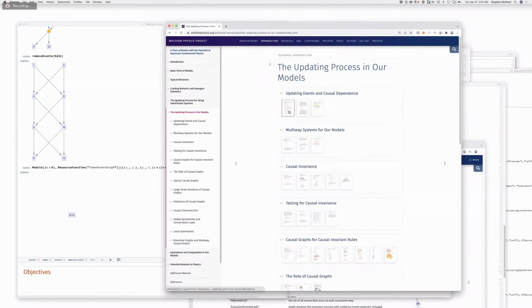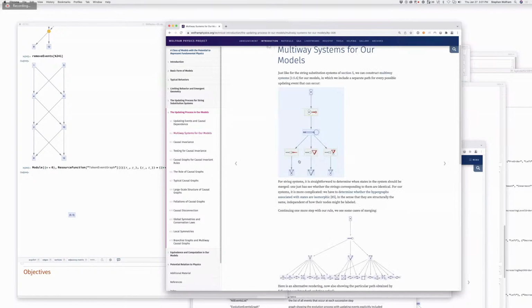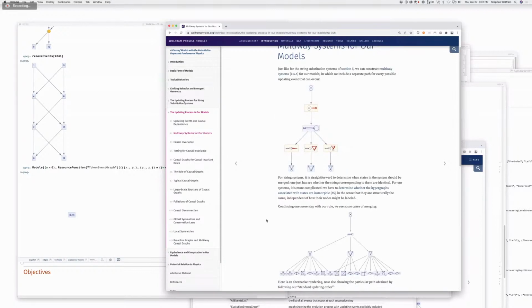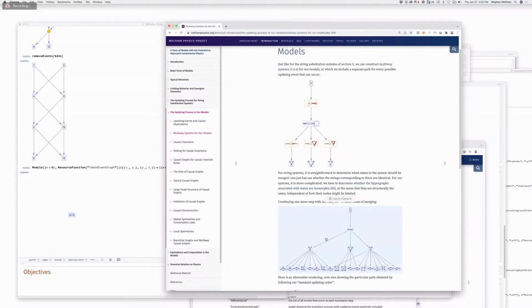Here's an example. Okay, so this is a multi-way graph based on complete hypergraphs, right? So the hypergraphs are the states here, and every transition represents some update on that state, producing another hypergraph.